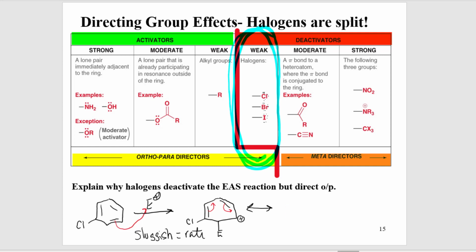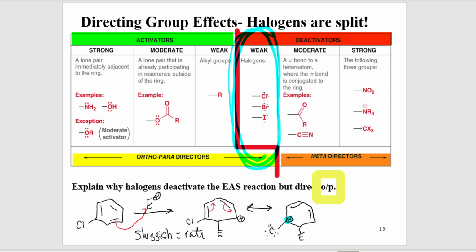I will reluctantly donate my lone pairs down if I must. Chlorine does have lone pairs, and if the carbocation happens to fall at my feet, I will be supportive of it. So it makes the reaction slow, but once the reaction is occurring, the chlorine is like, fine, I will be a donor for the sake of the carbocation. And so it actually becomes an OP director. It slows the reaction down, but reluctantly directs OP.